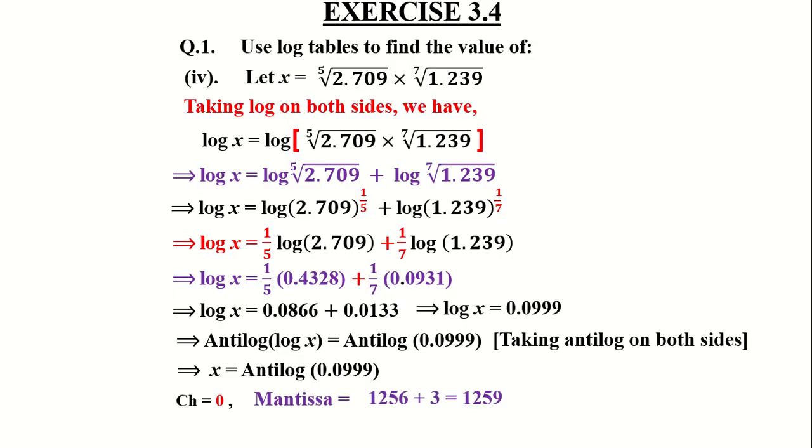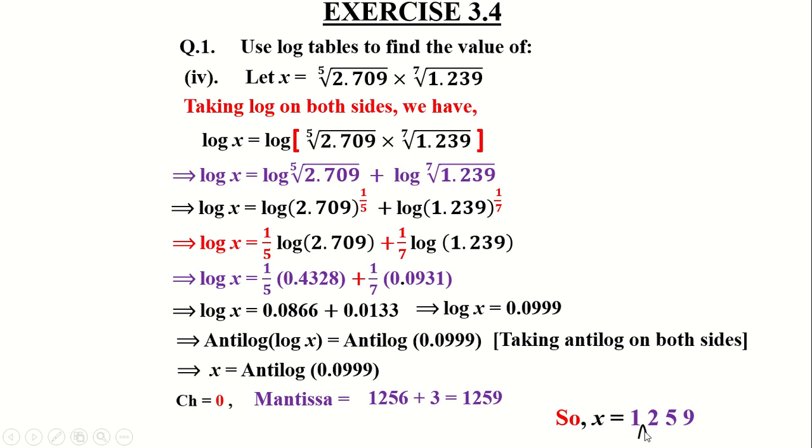Actually these figures are the answer, but we will use the characteristic to place the decimal point in the mantissa of the antilogarithm. Now consider the same figures 1, 2, 5, 9. This is the reference position.